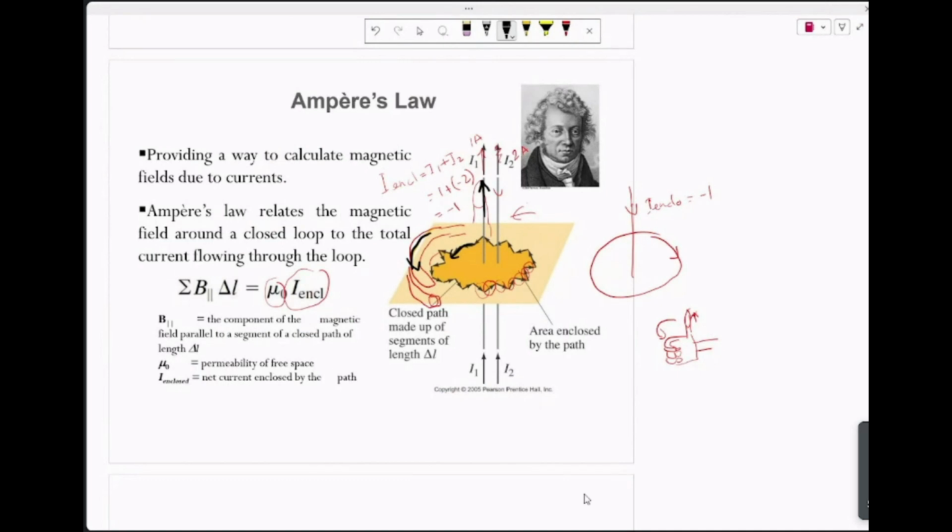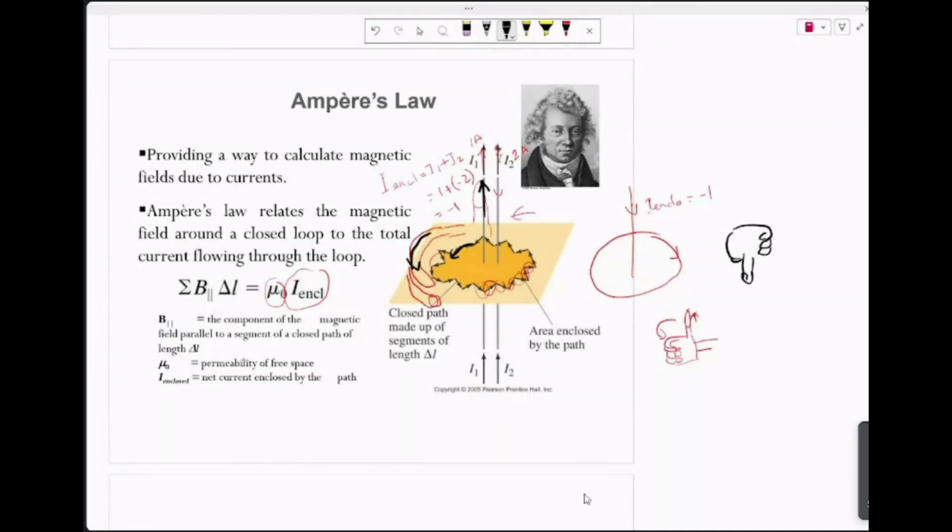But if you look at my other example here, your right hand grip would be in the opposite direction. If you put it this way, you're going to have your thumb here, and this is the back of your finger. So your thumb there, you're going to be opposite.